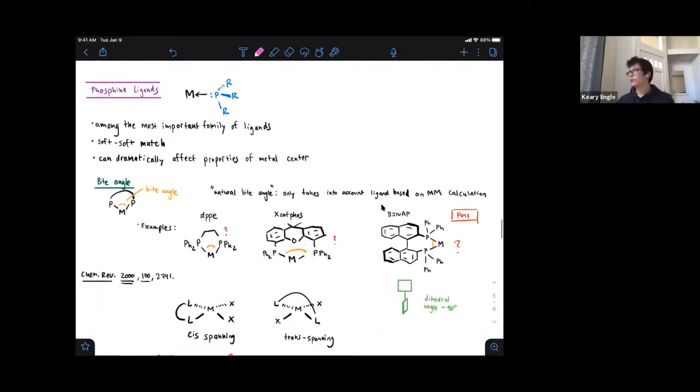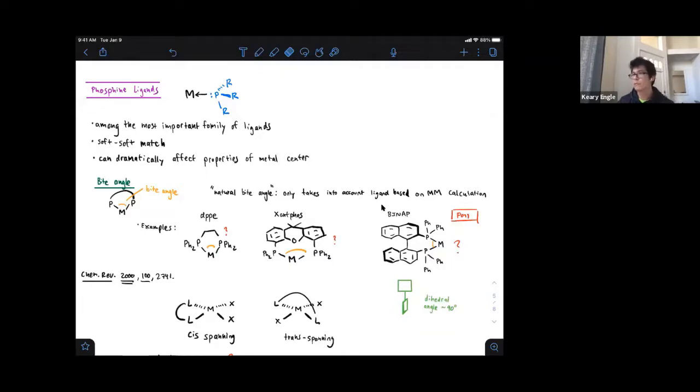Okay, so now let's talk about some of these ligands that we've already seen, and we're going to continue to see throughout class, and different descriptors that will be useful and rigorously define them. Some of these have come up before, but now we'll just go ahead and rigorously define them. So one class of ligands you've seen again and again already are phosphine ligands. They're among the most important.